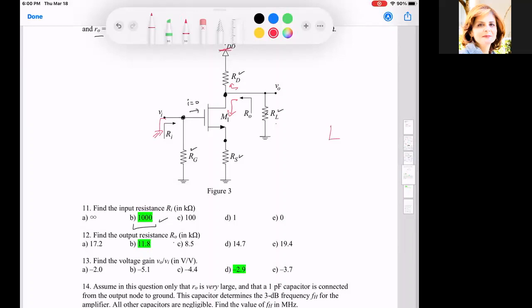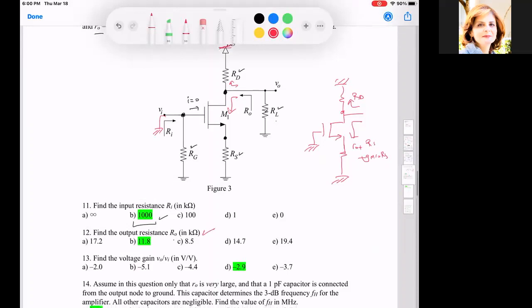So it's exactly looking into the drain with the gate grounded. I have a resistance here and a resistance here. Looking from here down, I will see RXY in parallel with RD. And this RXY is RO plus RS plus GM RO RS. This is the output resistance of this circuit.